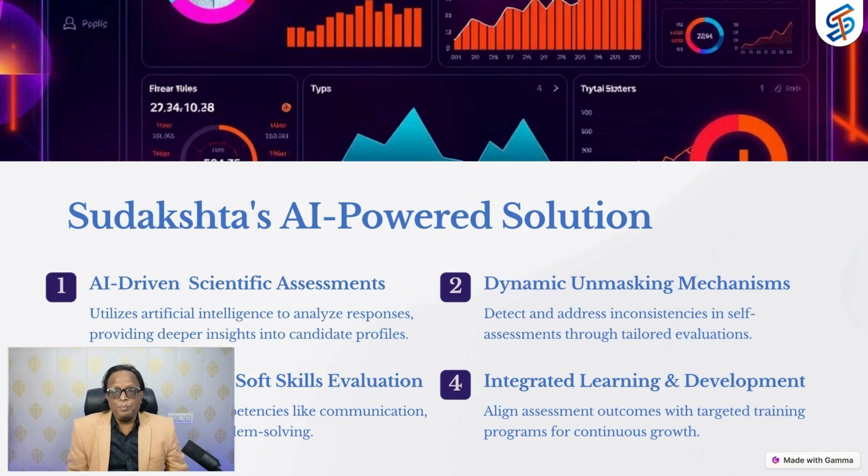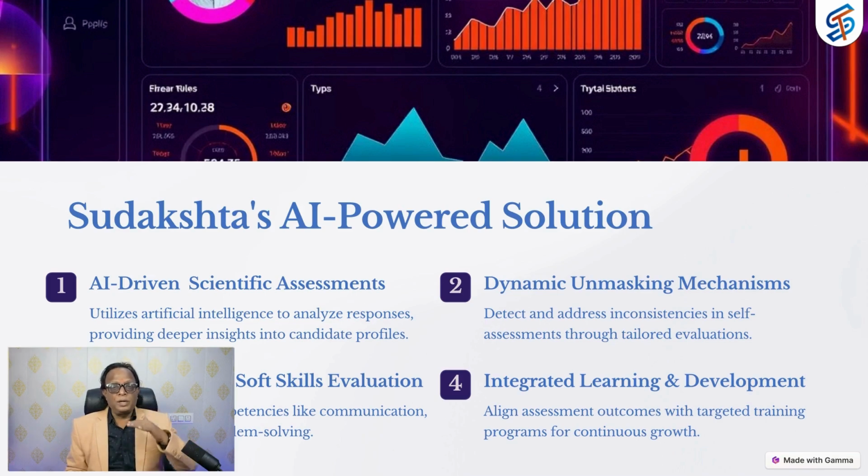There is a lot of gap between the first test and the unmasking. These gaps are analyzed and brought to the fore. The person, the employer, and the HR will all be able to see the inconsistencies in the behavior pattern of the first test and the second test, the first outcome and the second outcome, and the gap which stands between the two. That is what gives you the real result.